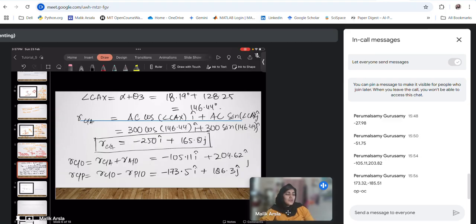No, you have to write RCP as RCO minus PO. So you have done it in reverse order. So you can maybe switch the signs. Okay, so this is the answer.